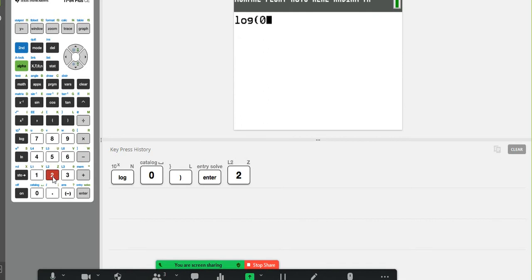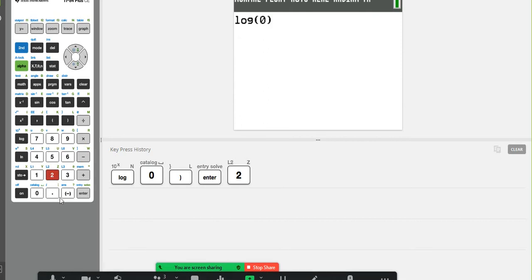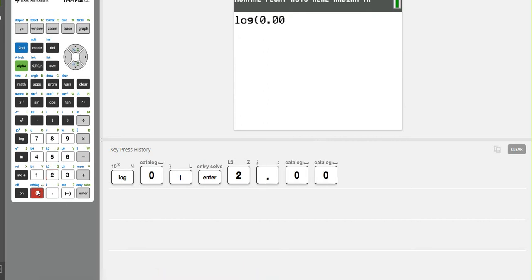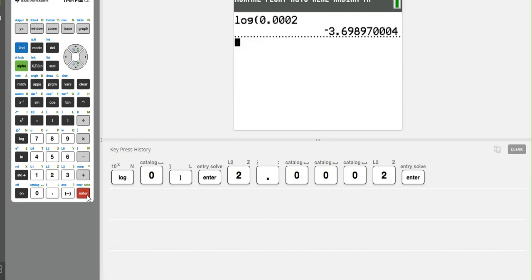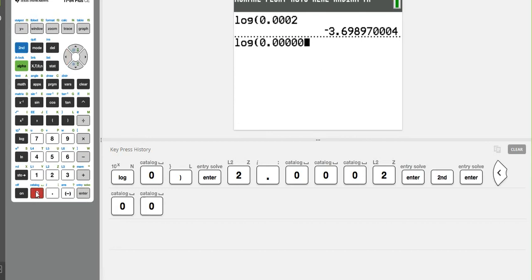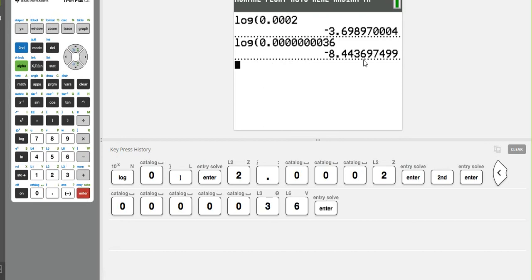So log 0.0002, -3 something. What if I put in a few more zeros here? 0.0000036, and so on. So I'm getting bigger and bigger negative numbers, and eventually I can get as close to negative infinity as I want.